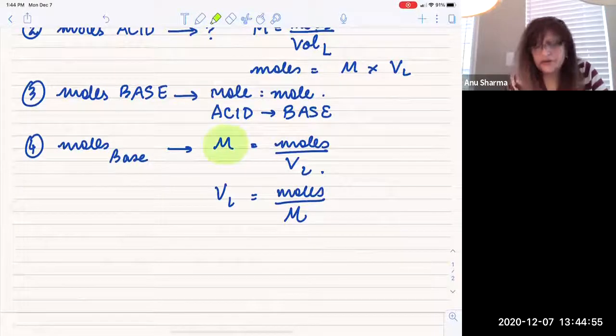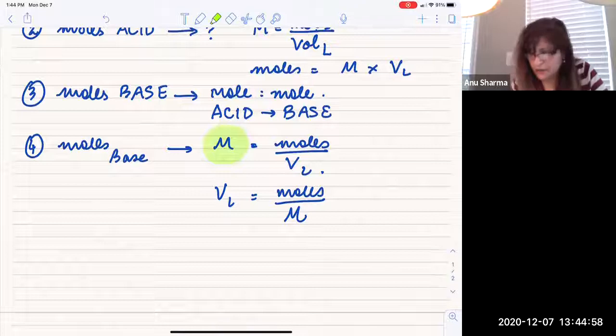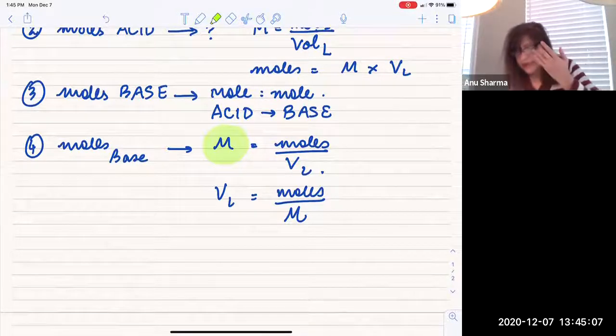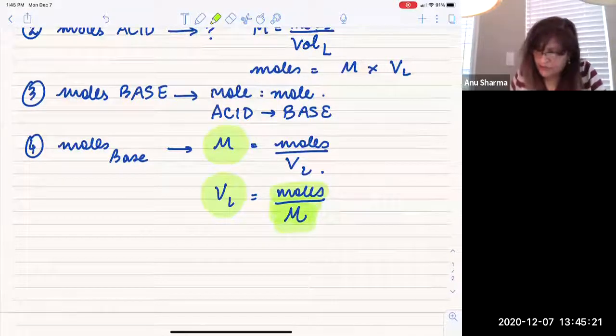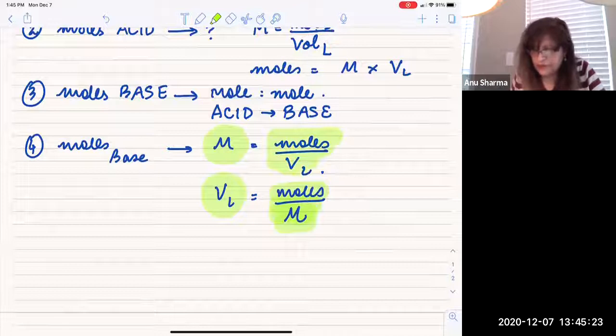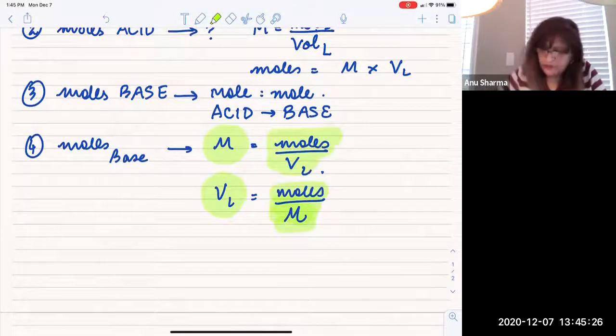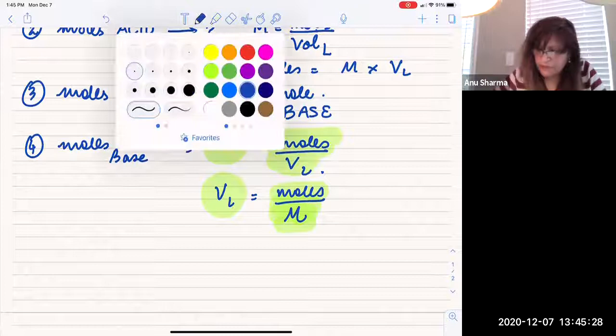Generally, we use titration to find the molarity of an unknown acid or an unknown base. So once you get the moles, you take the volume and you find the molarity. Or if the volume needs to be found out, and we already know the molarity, then you can use this second formula. So the first formula is if you need to find the molarity, and this second formula is if you need to find the volume. Okay, let's start doing this.